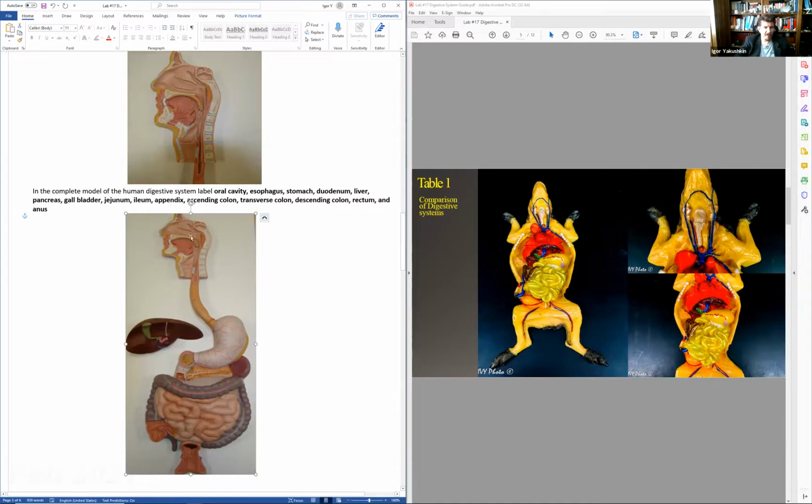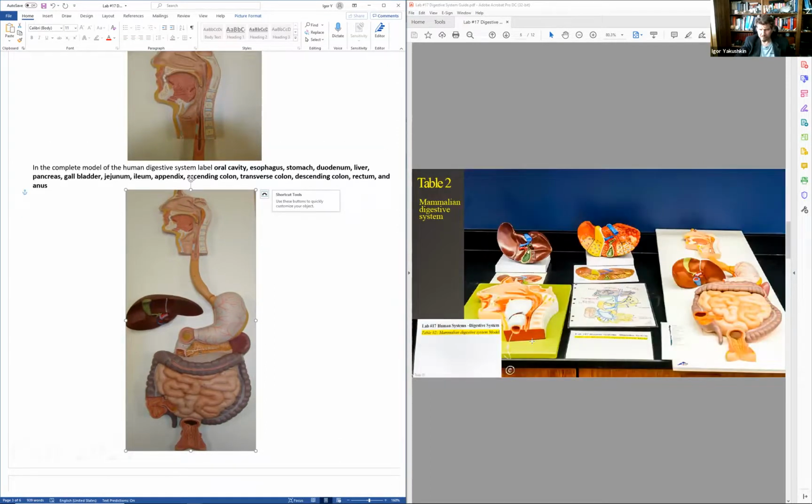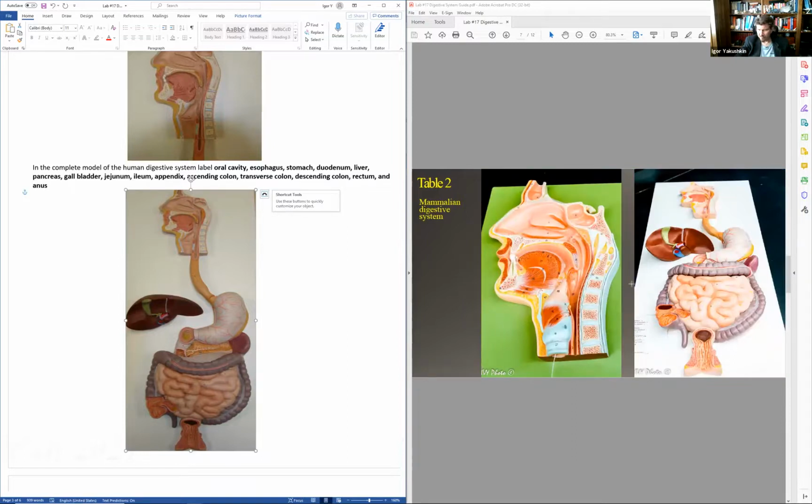Now, oral cavity, okay, got it. Stomach, of course, esophagus is that particular tube. Here we have the stomach. On this picture the duodenum is kind of hard to see, but basically this is the part where the stomach attaches to the small intestine.